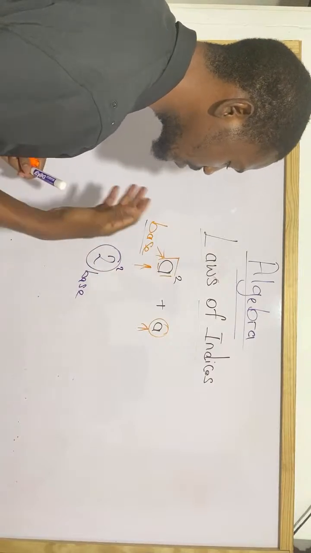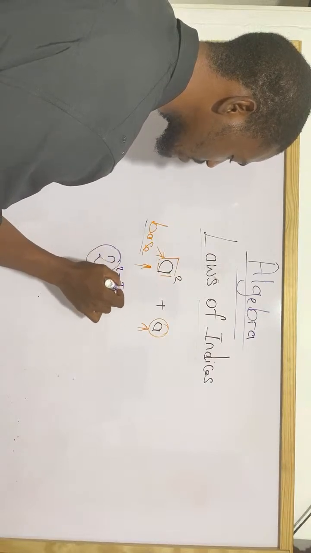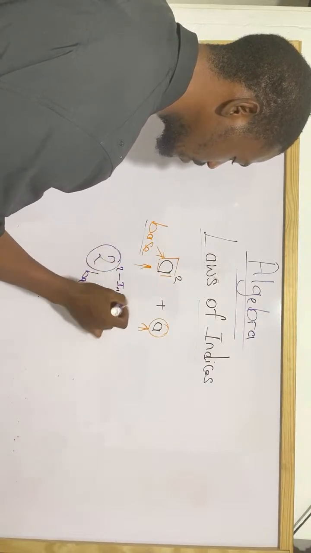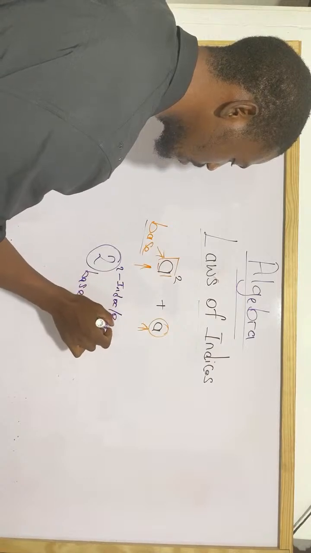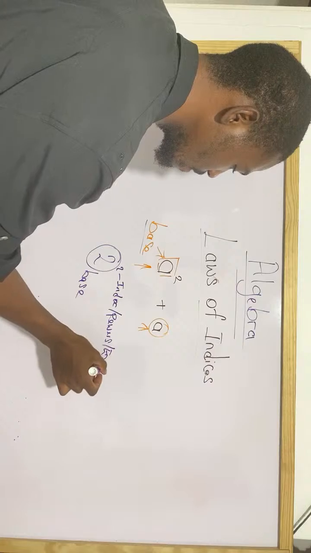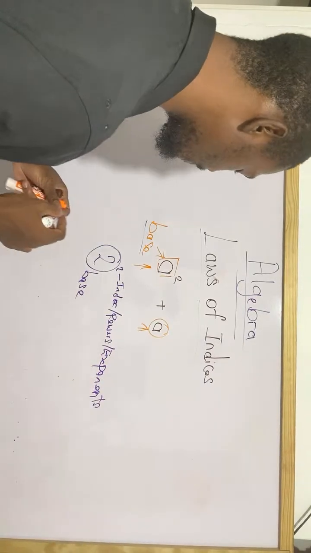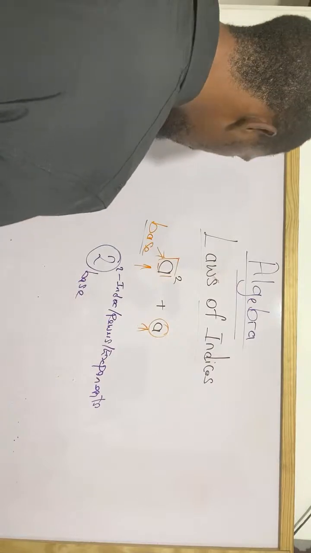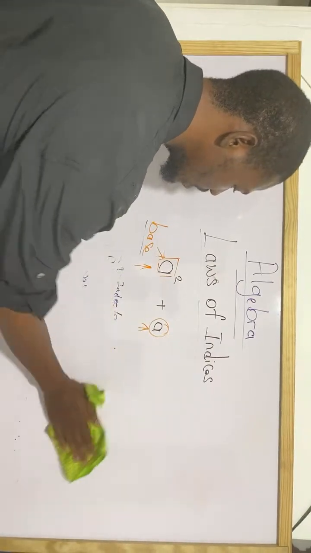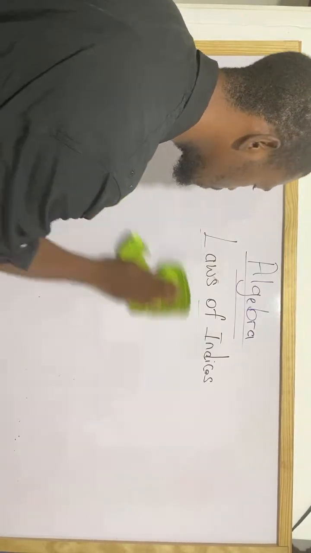So your base is really the bottom number, and here is referred to as your index, also known as your powers, also known as your exponents. These are really key things to know in algebra. With that being said, let's truly get into the rules, laws, and so forth.